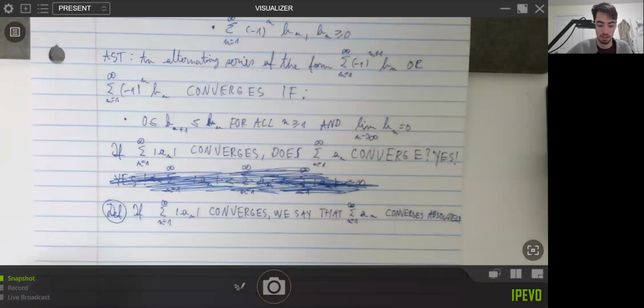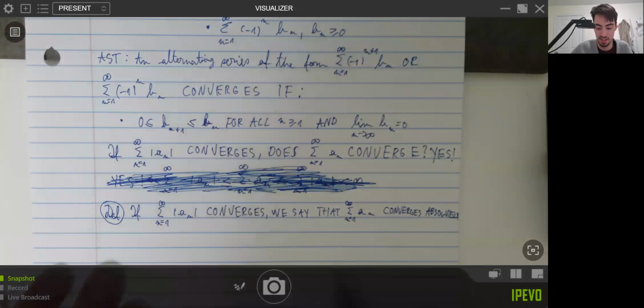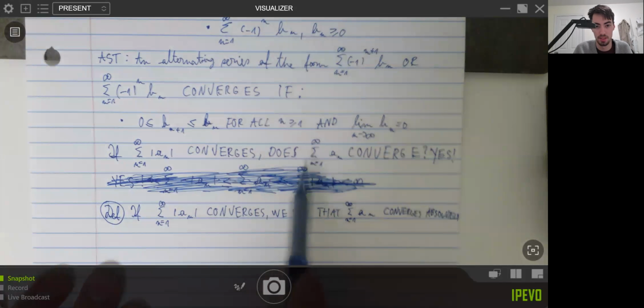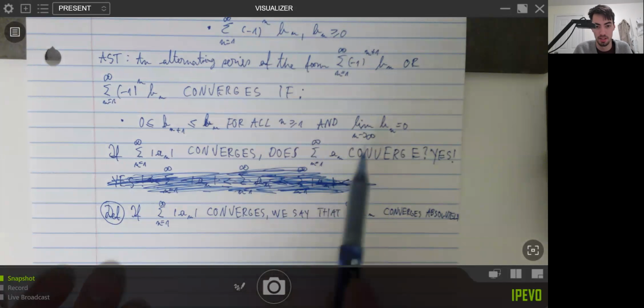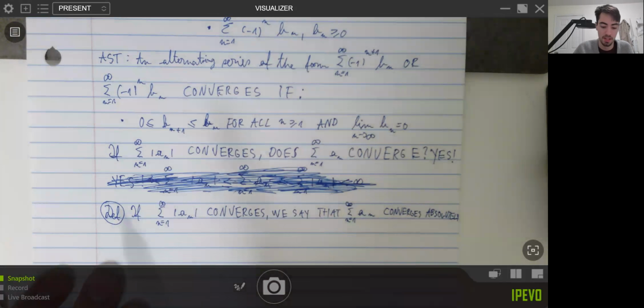In contrast to this, this theorem is not an if and only if theorem. So if the sum from n equals 1 to infinity of an converges, this does not mean that the sum of the absolute values converges.